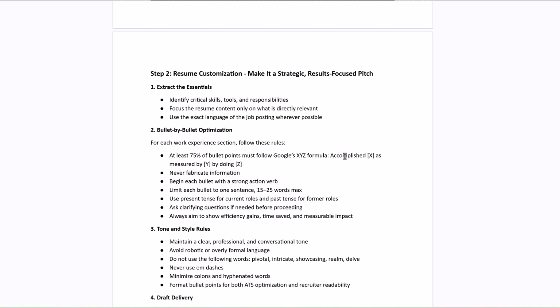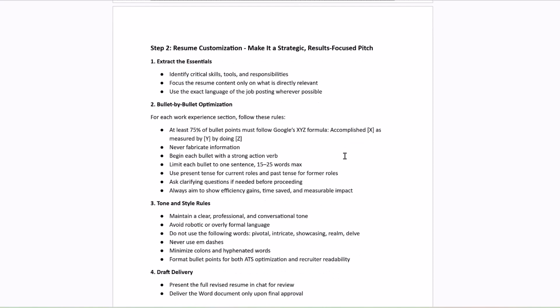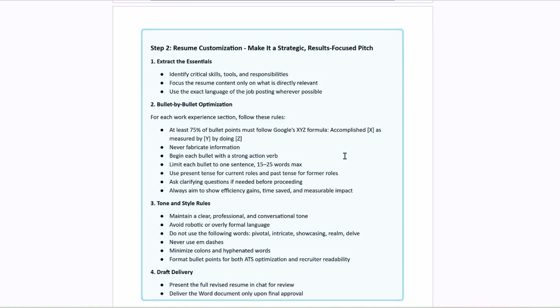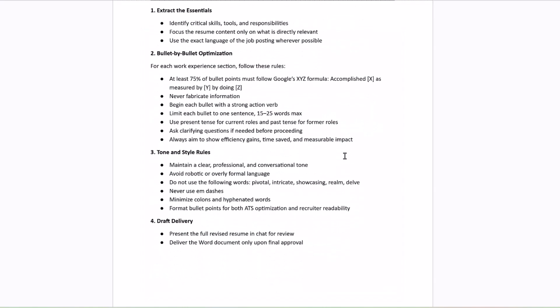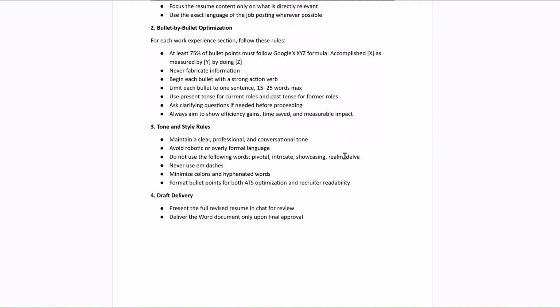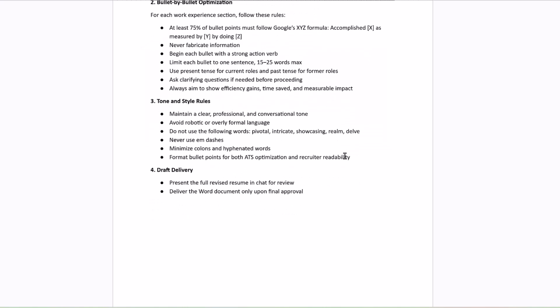So this is step 2, where we are customizing the resume. It identifies the critical skills and tools, responsibilities, and then I have it also optimize bullet by bullet how I want it to frame each bullet point for my work experience. I also indicate tone and style. Again, this is my personal preference.